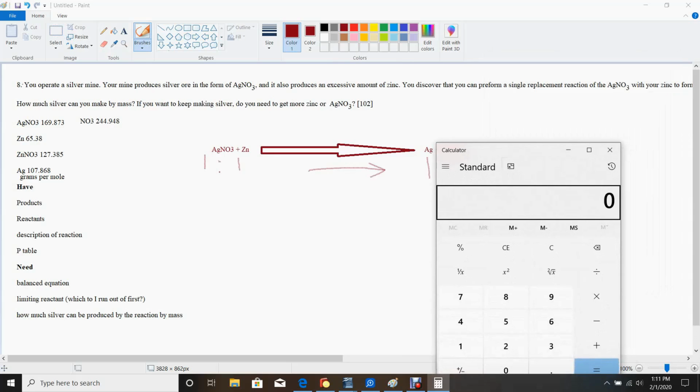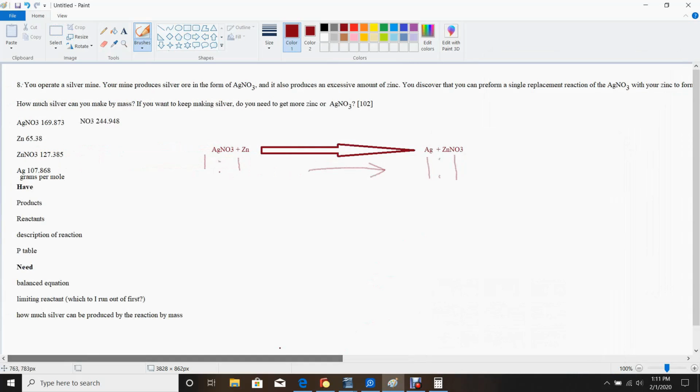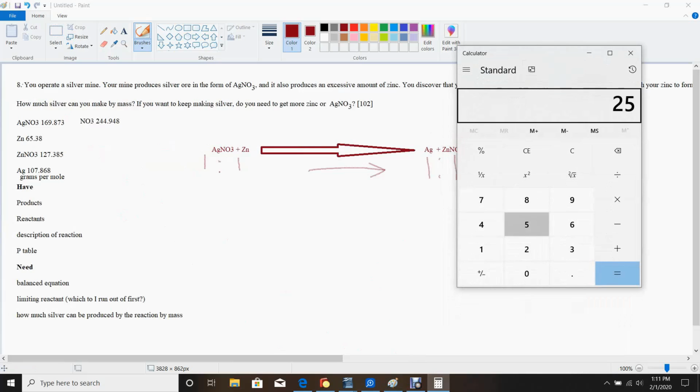Well, how much AgNO3 do we have per our problem? 250 kilograms. So 250 kilograms of AgNO3 is the same as 250,000 grams. If you were confused about that, there's 1,000 grams in a kilogram, so just times 250 by 1,000, 250,000 grams.